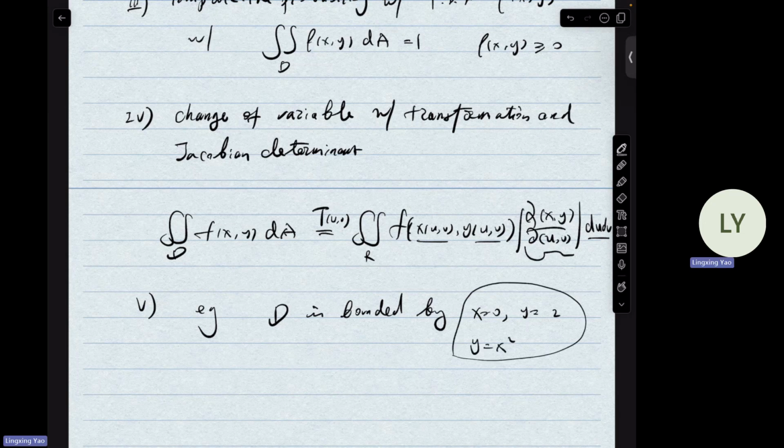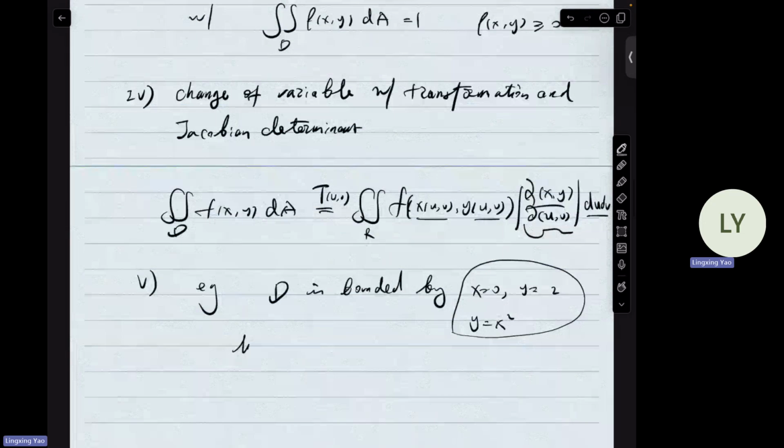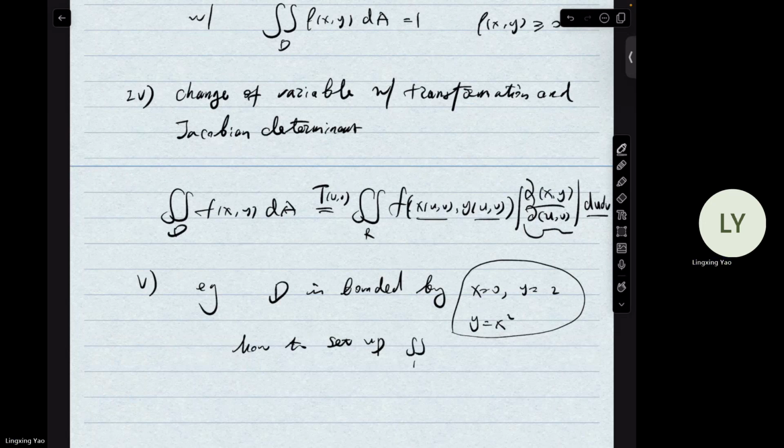Those three curves, how do you set up the iterated integral for this double integral?